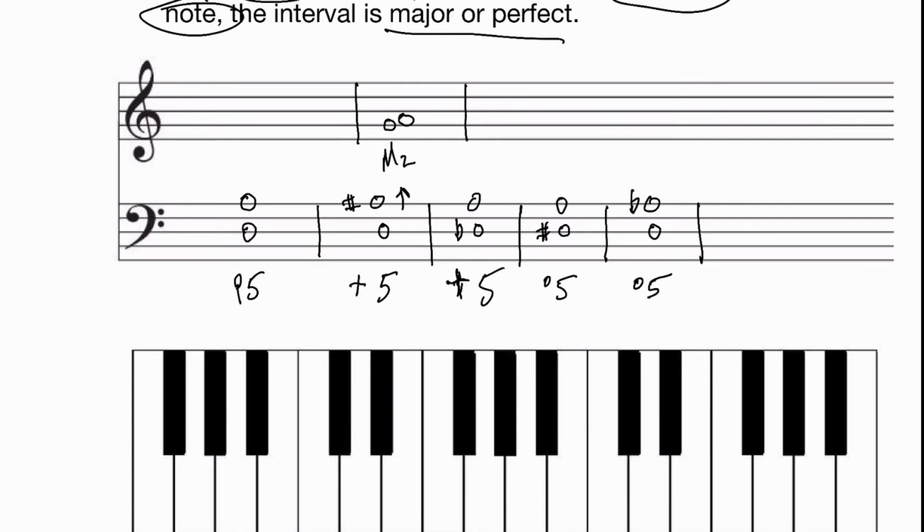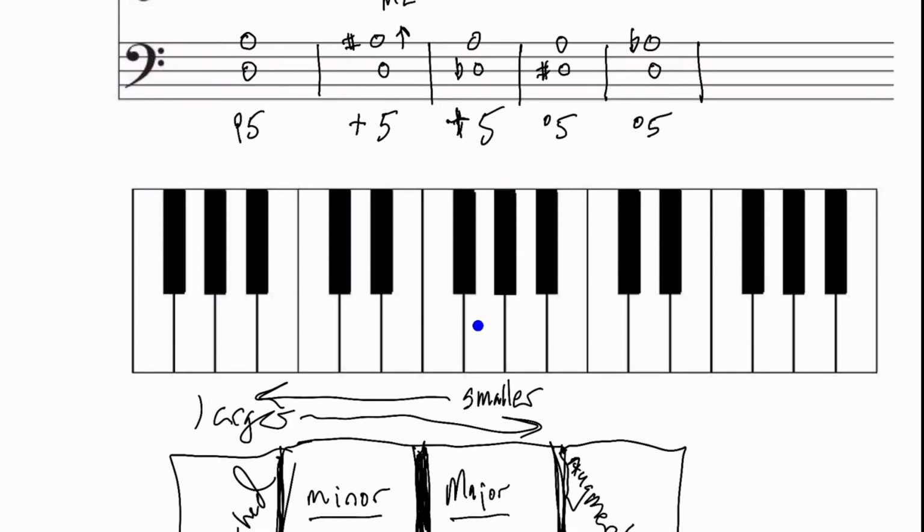Now if I take this major interval, G to A, and I lower the bottom note, what just happened to my position on the keyboard? G to A now is G flat to A. It's larger, but it's still a second. And this is a mind blower. When you're looking at the keyboard, you're like, oh my gosh, that looks like a third.